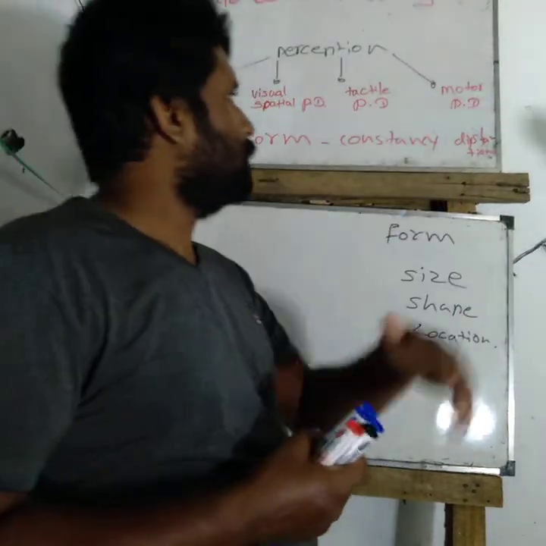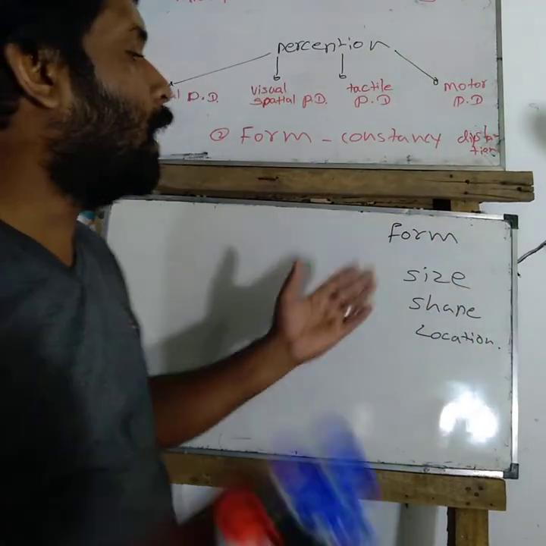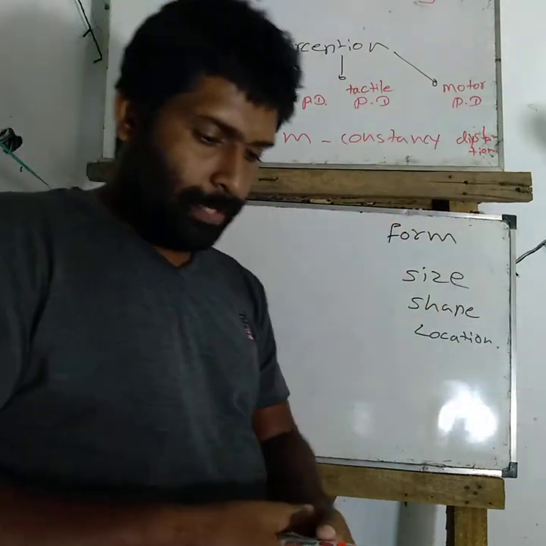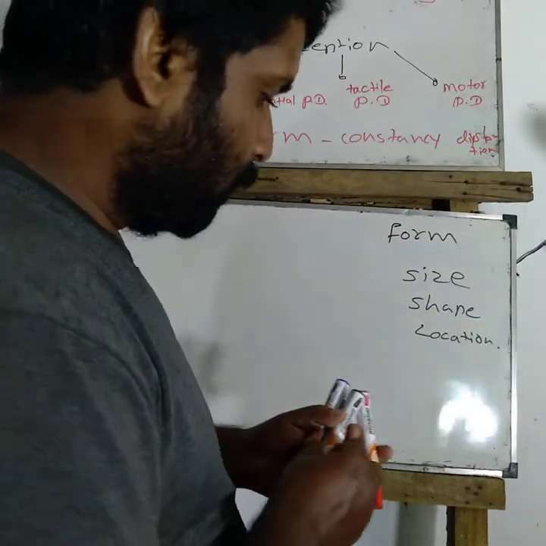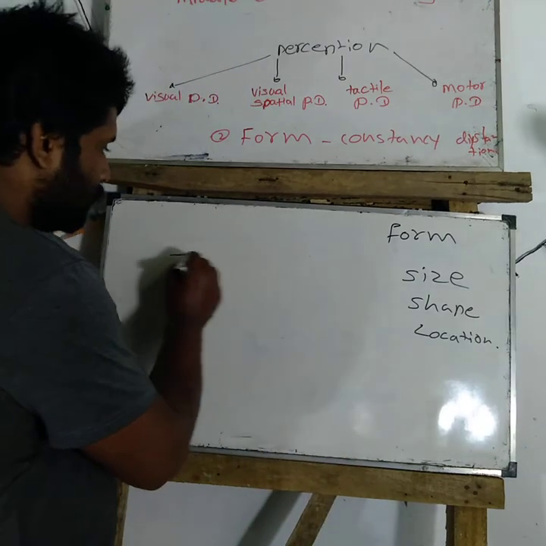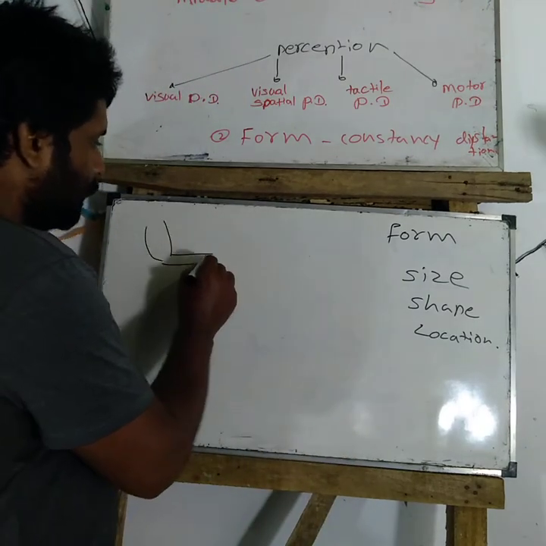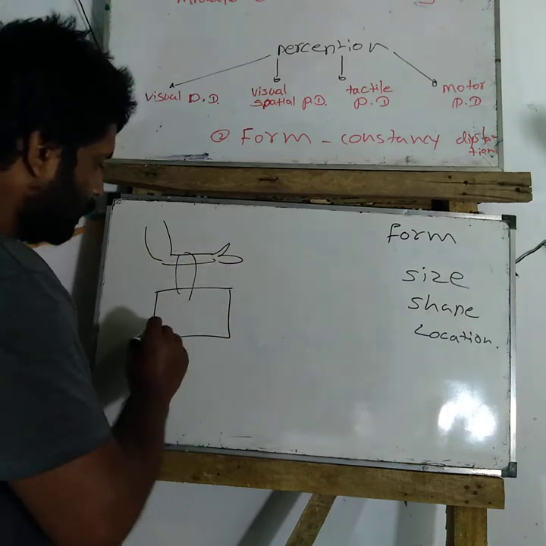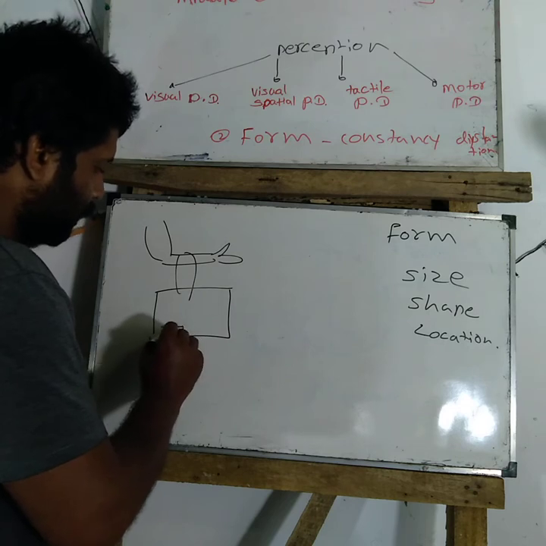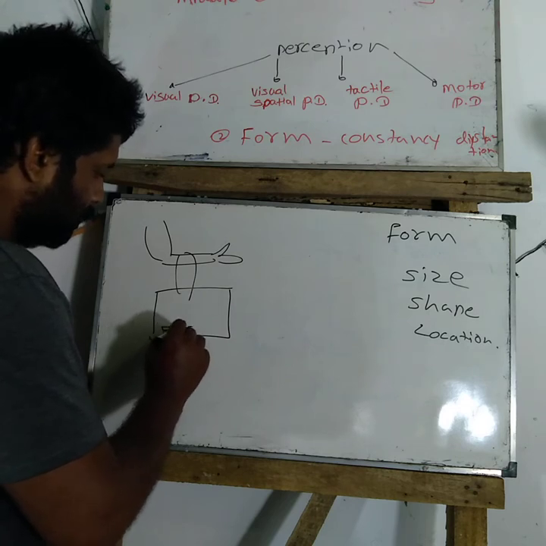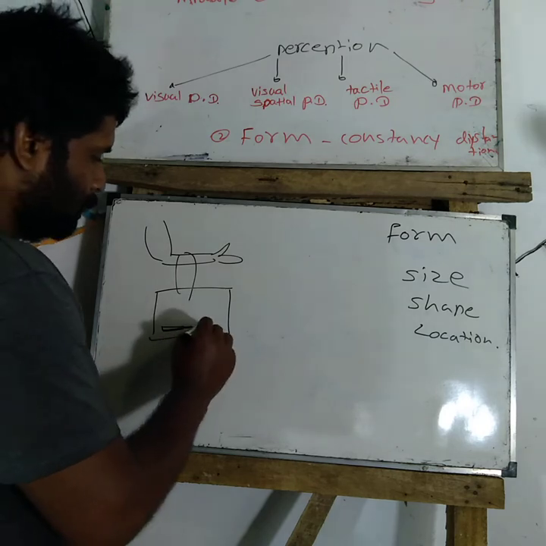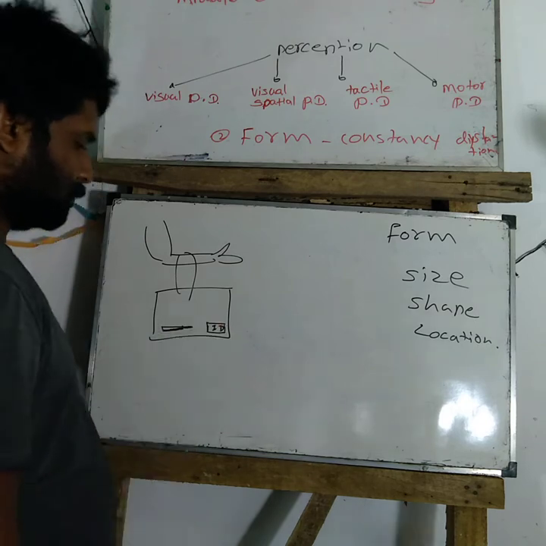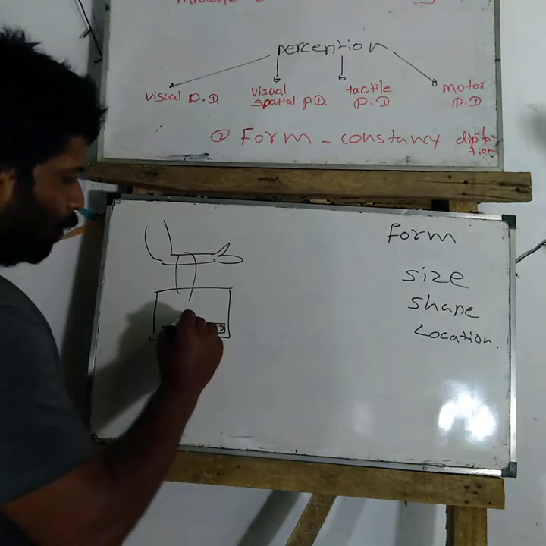A patient having form constancy dysfunction can't tactilely identify what the form thing is. For the example, we are going to use the form equipment. When hanging the bag, this is the lady hanging this bag. Inside the bag, this is the pen. This is the ID card. This is the phone.